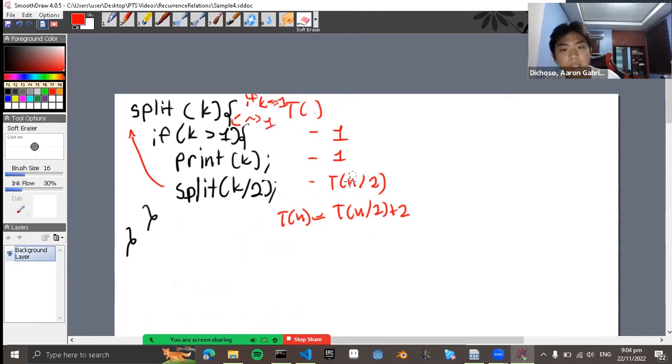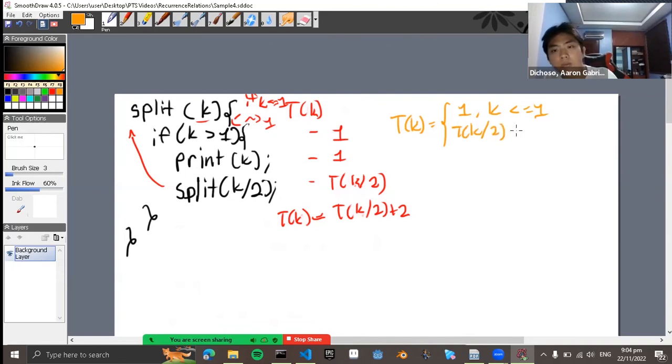Additionally, we should be mindful of the variables here. It is not an n, rather that should be a k corresponding to the k here. So our complete time function, t of k, is going to be equal to 1 if k is less than or equal to 1, and t of k over 2 plus 2 if k is greater than 1.